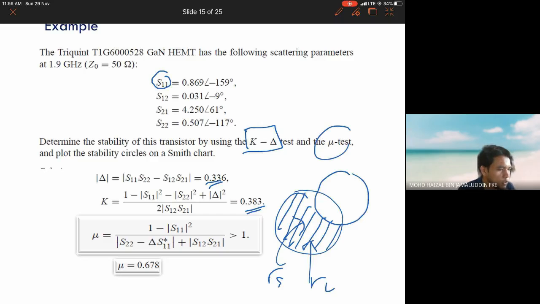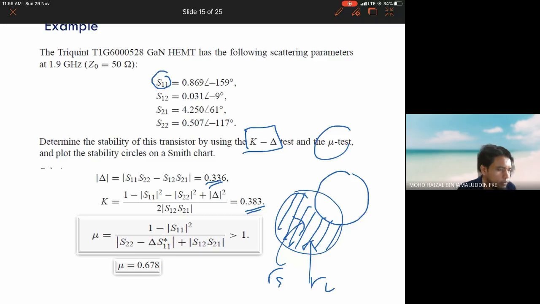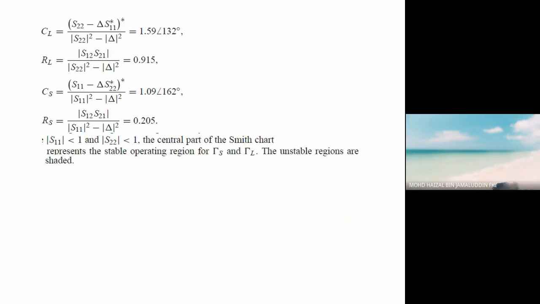Here S11 and S22 are less than 1, so the central part of the Smith chart represents the stable region where we can choose the gamma S and gamma L. How do you want to draw on the Smith chart? Let's say we took this value, 1.59, 132.